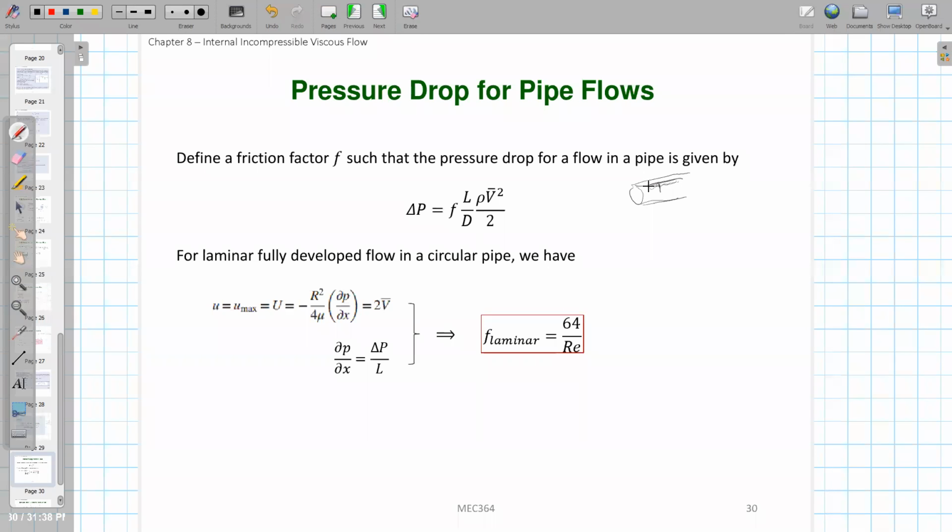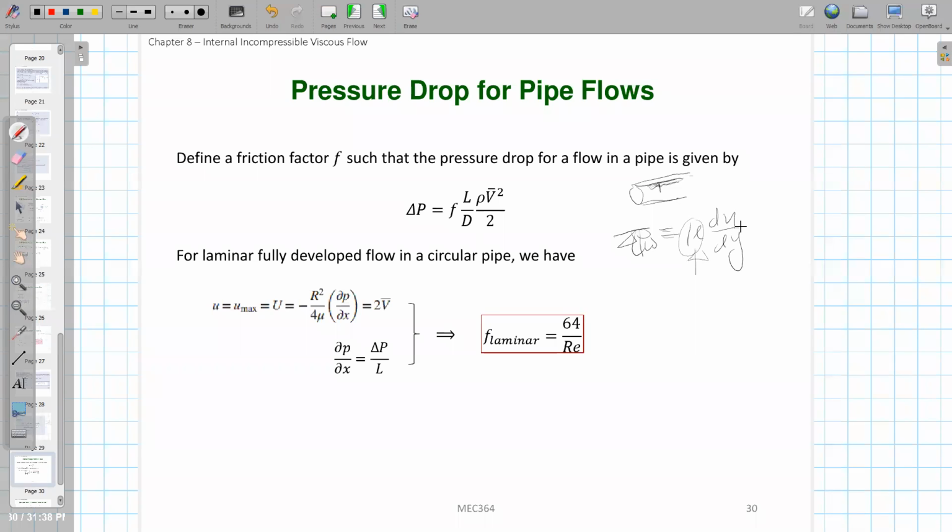But if the pipe is very rough, the pressure drop is not only determined by what we learned in this class. In this class we assume the surface is always smooth. That's why delta P, or tau_w, is only determined by mu du/dy. It looks like it's only determined by the fluid viscosity.